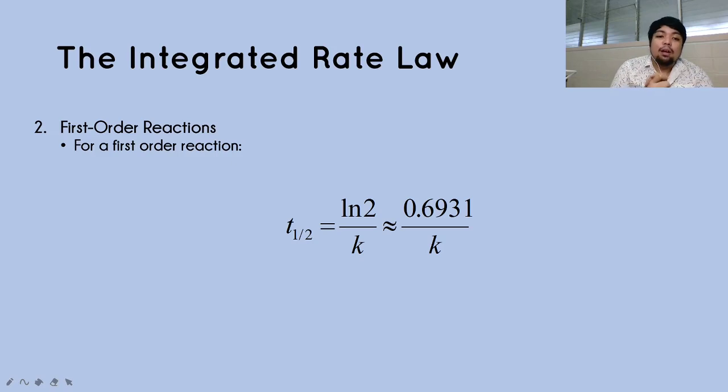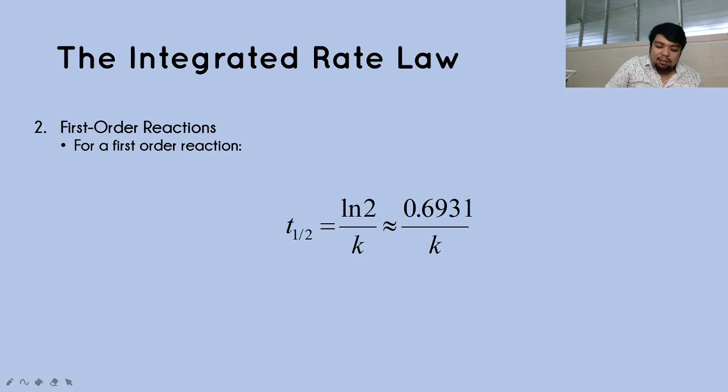That means that for a first order reaction, the half-life will be the same irrespective of the initial concentration of the reactant. So we can say that the half-life is also an intrinsic property because it does not depend on the amount of the reactant present.